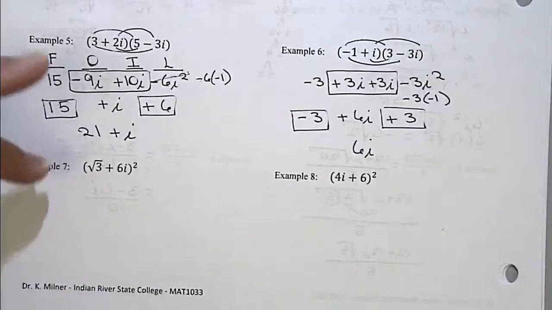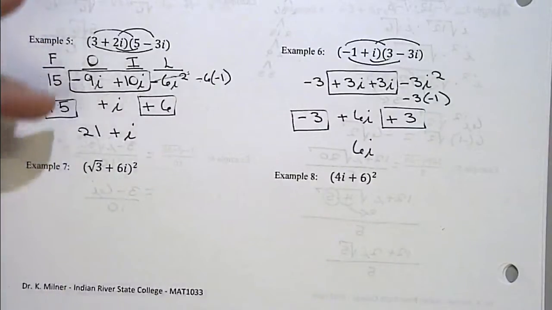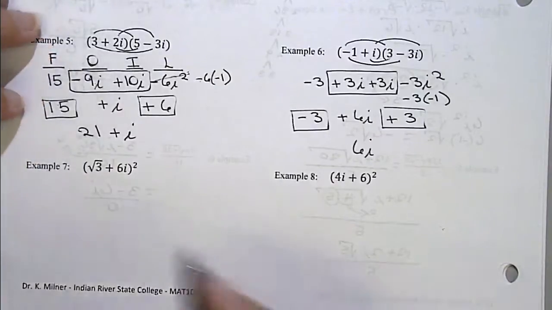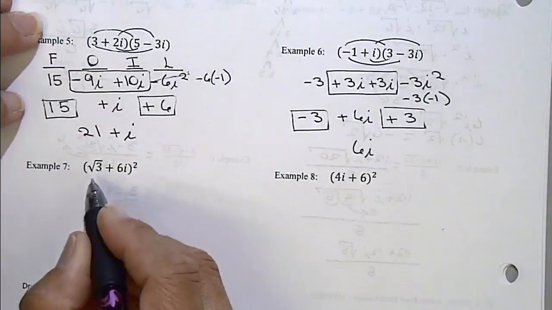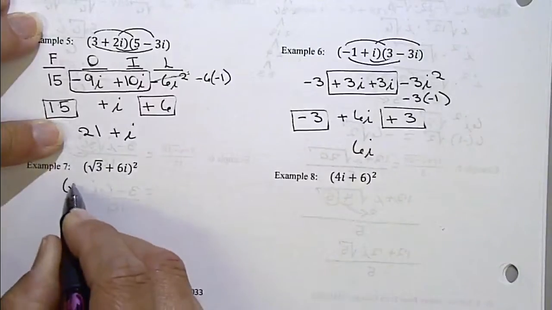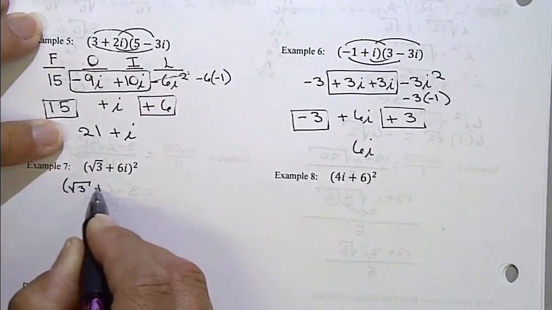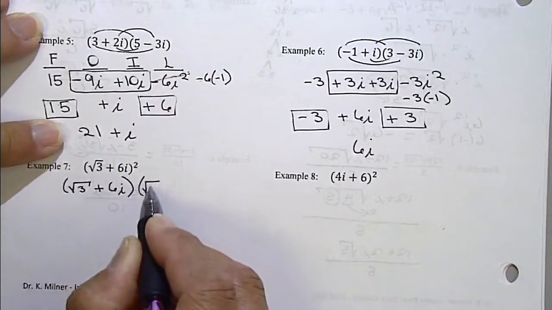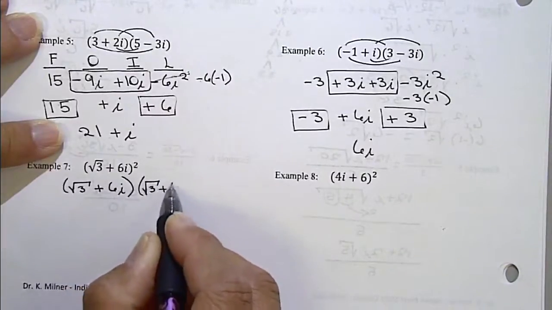All right, so what do we do when it says square the thing? How are you going to do that? Exactly. So you can't just square each term, right? You have to rewrite the thing. Square root of 3 plus 6i times the square root of 3 plus 6i.